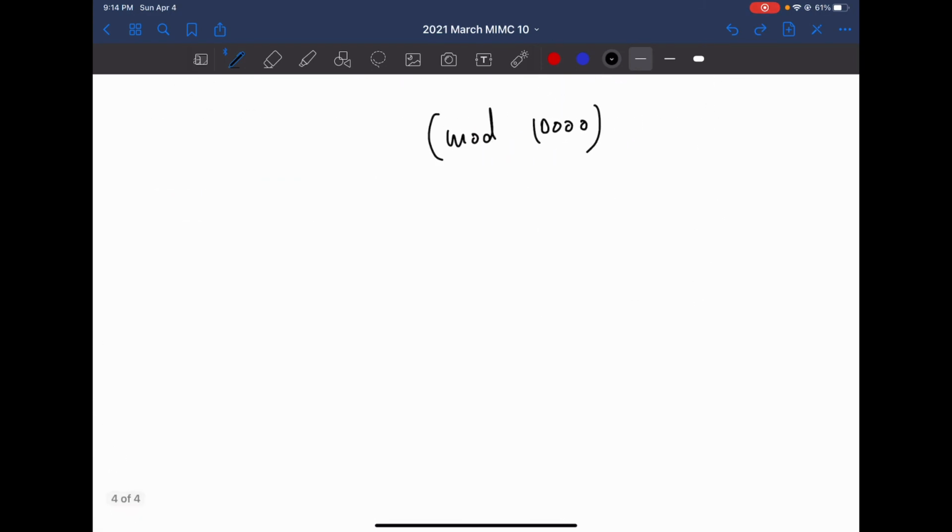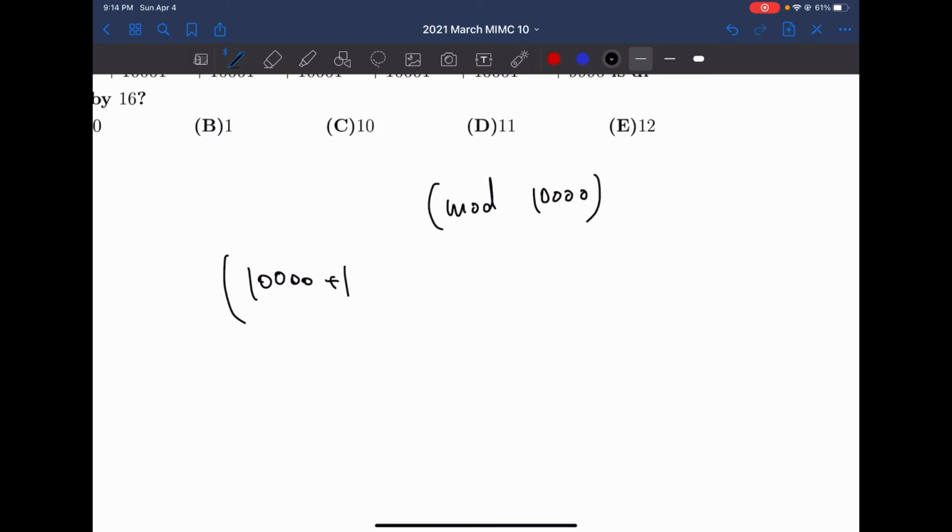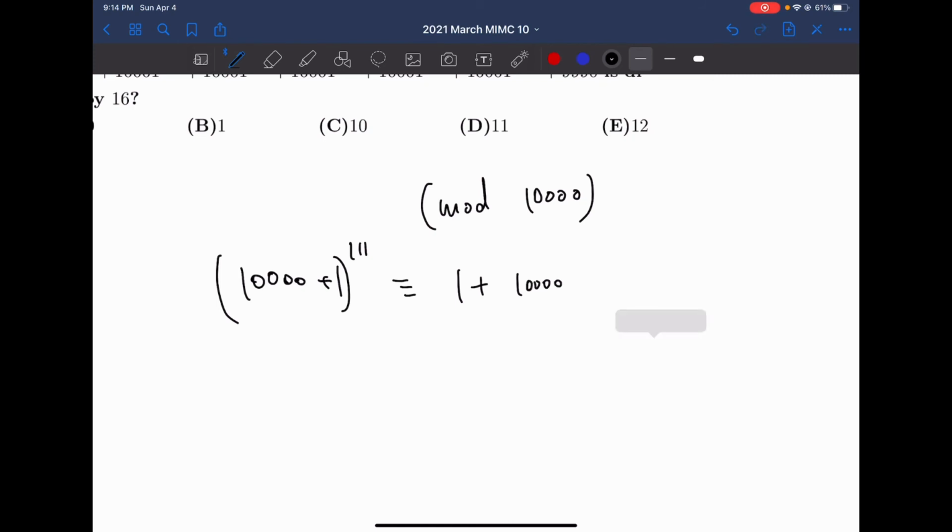So let's disassemble 10,001 to be 10,000 plus 1, and that to the 111th power would be (1 plus 10,000) to the 111th power. That would be 1 plus 111 choose 1 times 10,000 to the 1 power times 1 to the 110th power.